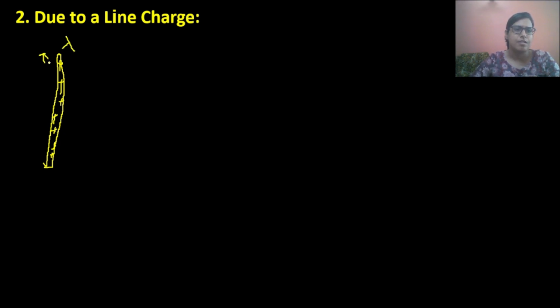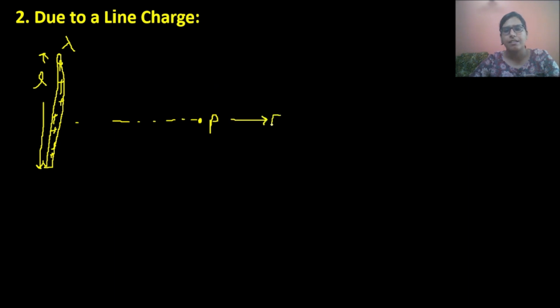The length of this is L, and suppose there is a point P. So at P, what will be the electric field? First of all, there will be two components. Suppose one component in x direction and another in y direction.